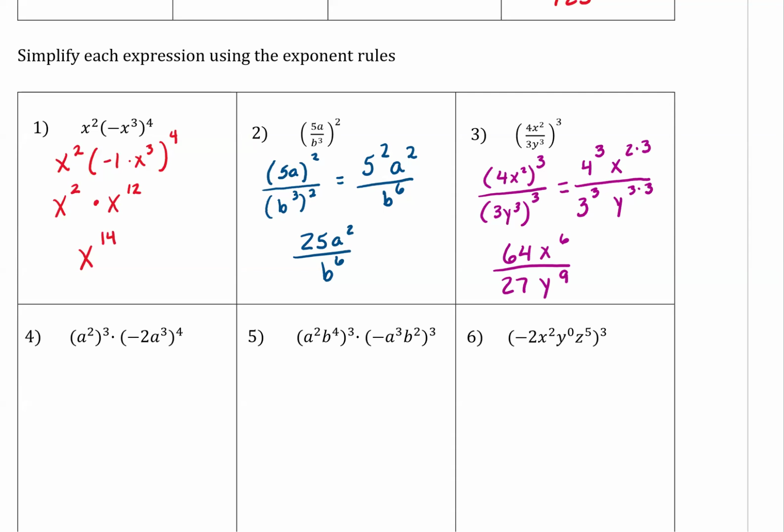Number 4, power to a power I multiply, a to the 6th times, I can write this as negative 2 to the 4th times a cubed to the 4th.